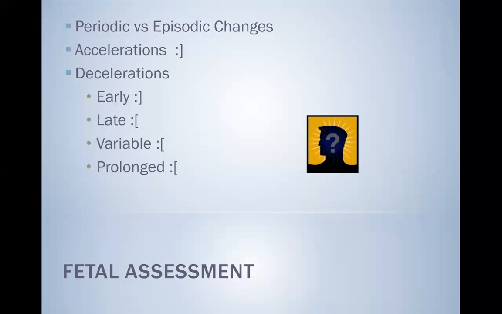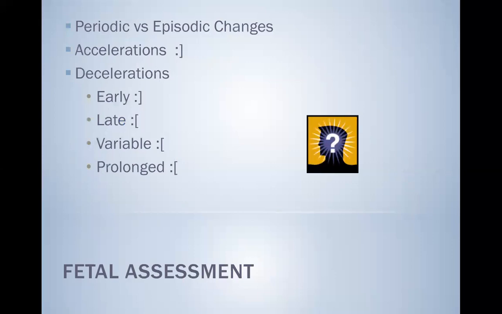Lates and earlies have to be periodic only. They are not episodic because they are based off of the contraction itself. So we don't know if we're having a late or an early decel without being able to see when the contraction's occurring.